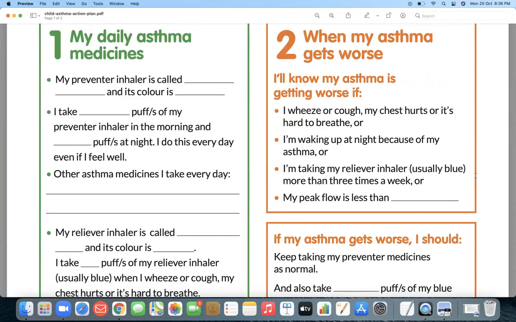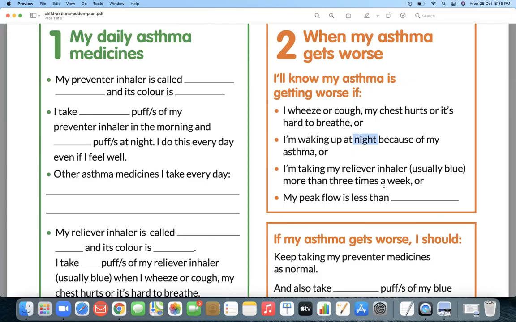Then the second action here is: when my asthma gets worse, what should I do? Okay, I will know my asthma is getting worse if I wheeze or cough or my chest hurts and it's hard to breathe. I am waking up at night because of my asthma. I am taking my reliever inhaler, usually blue, more than 3 times a week.